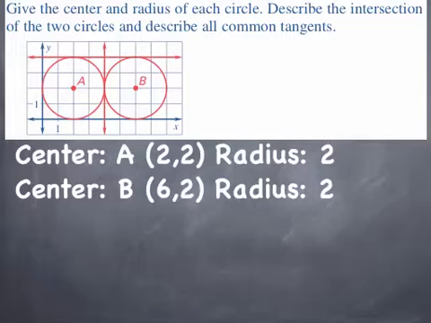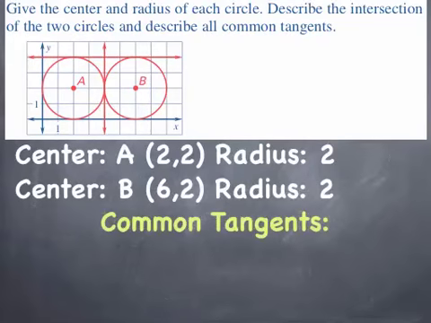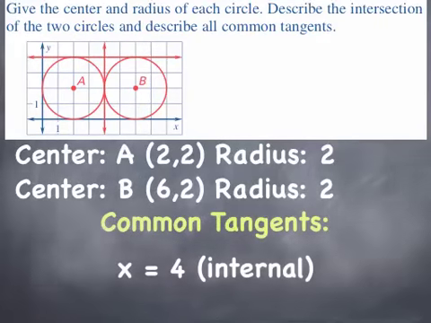The common tangents that circle A and circle B would have would be the line x equals 4, that would be that line that is vertical, cutting between the two circles. So it would be considered an internal tangent. And then the other common tangents, remember common tangent means that it needs to be a tangent to both circles that we're talking about.